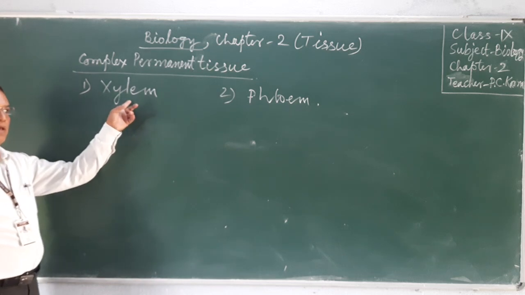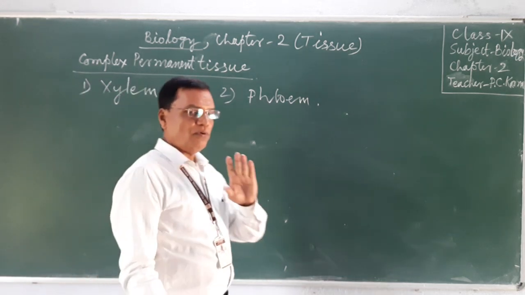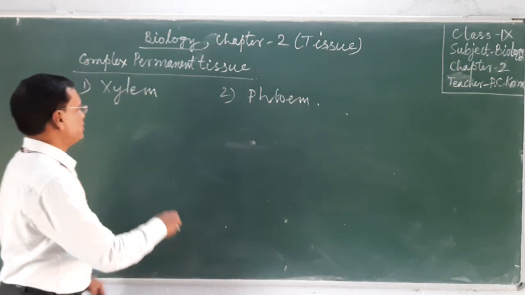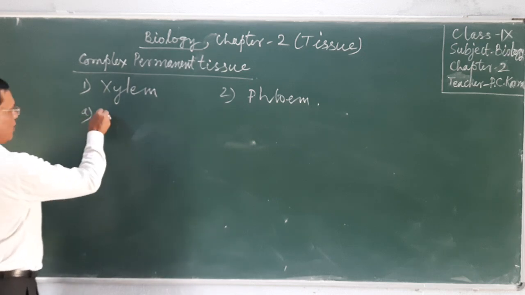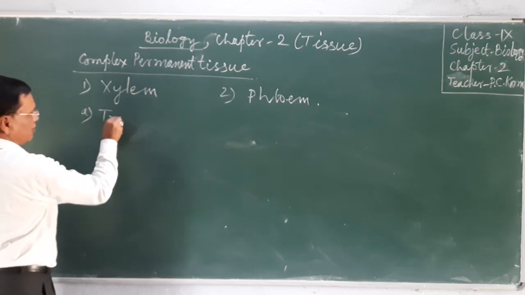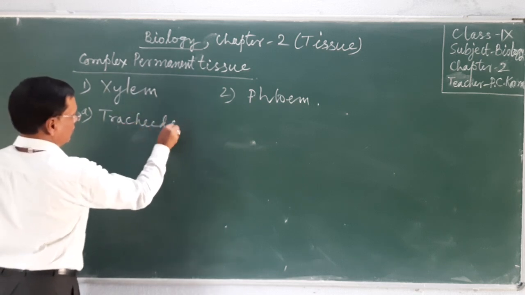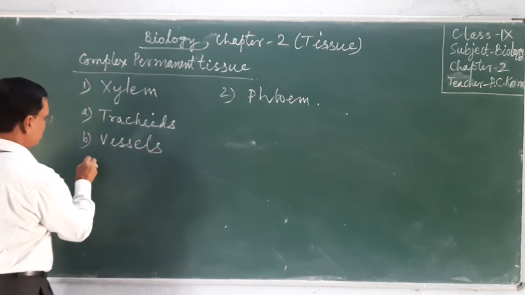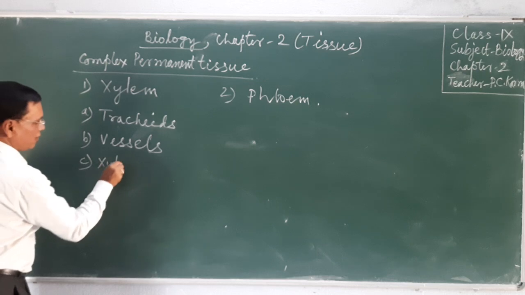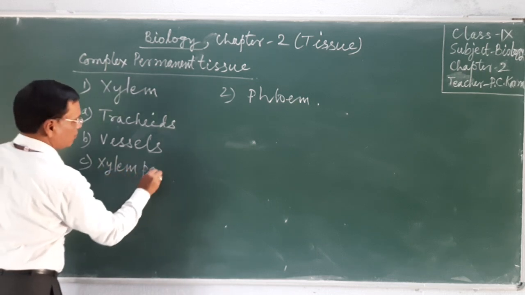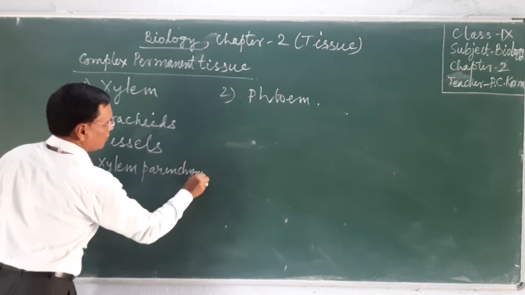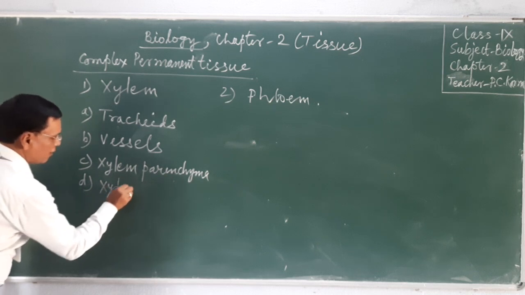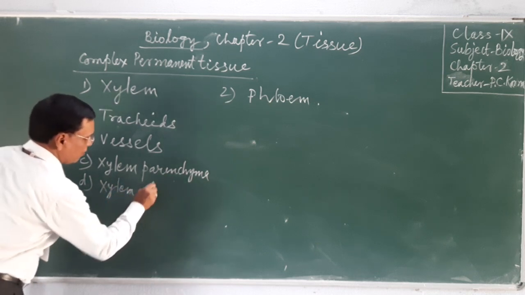Xylem tissue is made up of four different types of cells, also called xylem elements. The first one is tracheids, vessels, xylem parenchyma and xylem sclerenchyma.